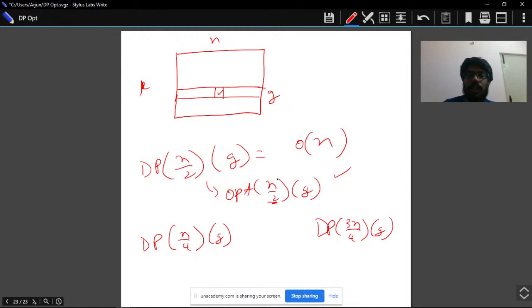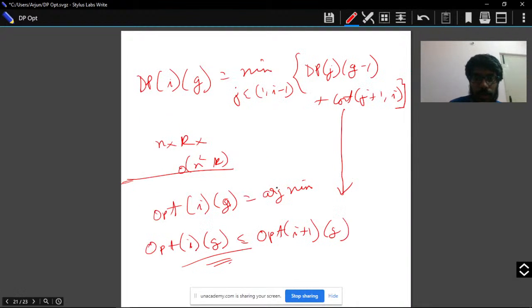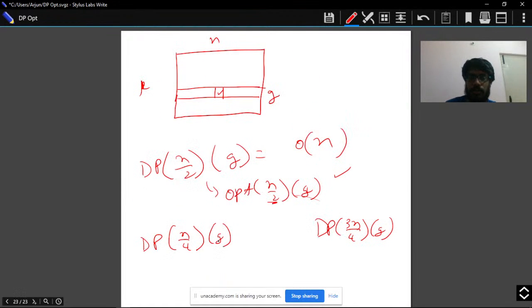It doesn't have to go all the way up to n/4. And I know that opt[3n/4][g] is greater than or equal to opt[n/2][g], right? Because opt of something larger is greater than or equal to opt of something smaller. So I can run my for loop from opt[n/2][g] to n. So now this and this combined, the for loop runs for n time, right? This runs from 1 to opt[n/2][g].